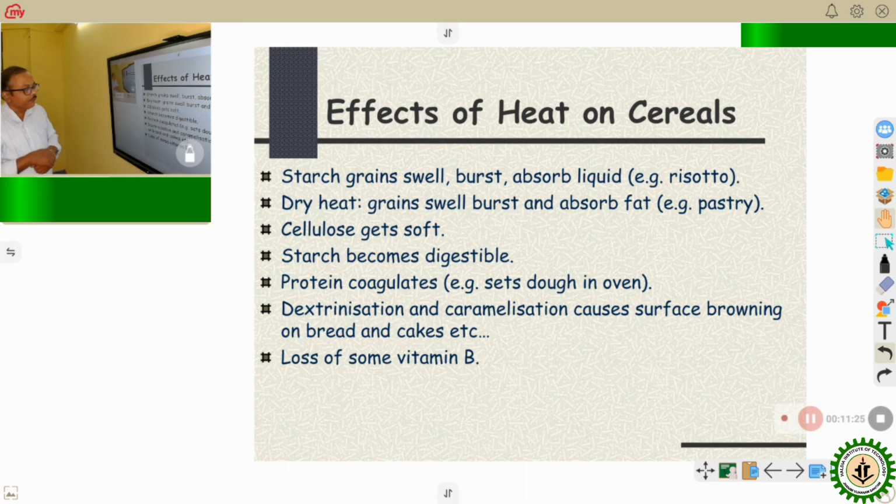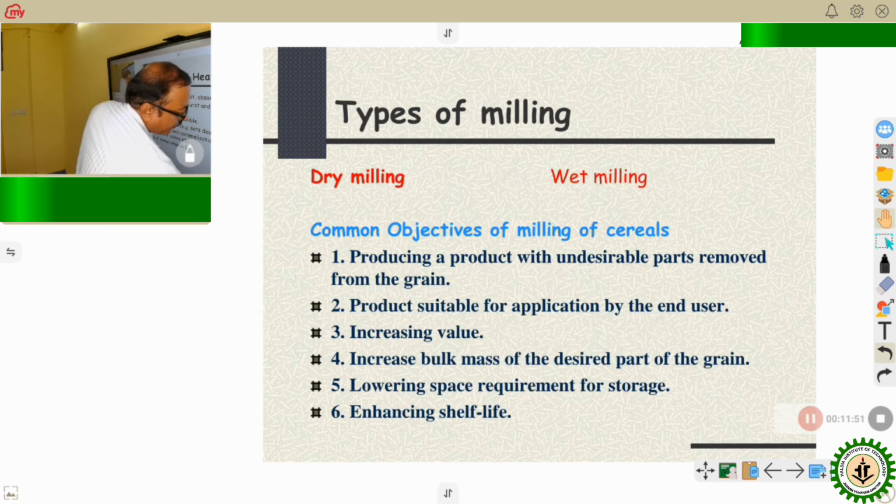Added sugar in the bakery material also undergoes caramelization and dextrinization. Starch dextrinization takes place, and color develops, that is crust and crumb color for the bread. For cake, a high quantity of sugar is added, so darkening of color takes place. Loss of some vitamins is also evident.